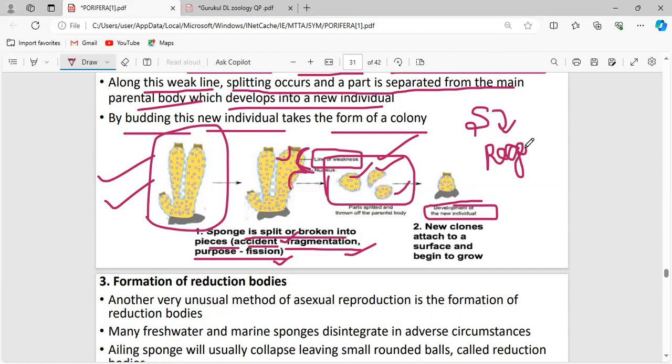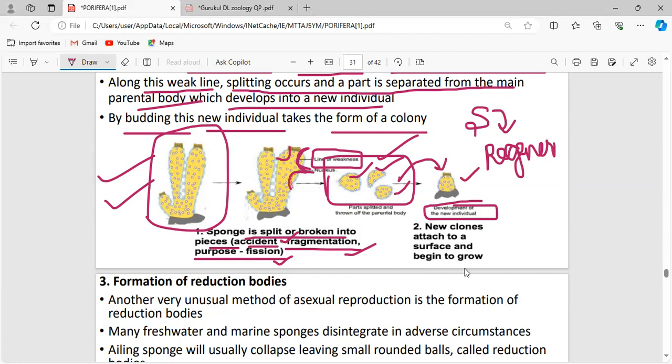When you read about the general characteristics, now you have to connect the point. There we have read that even if we cut the sponges into different minute parts, they have the capacity to regenerate and give rise to a single individual.